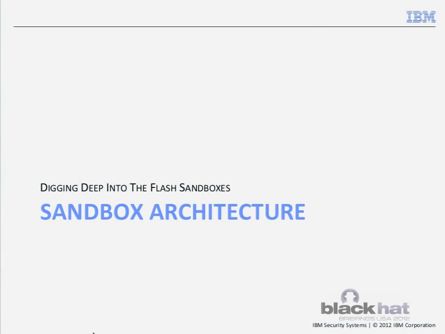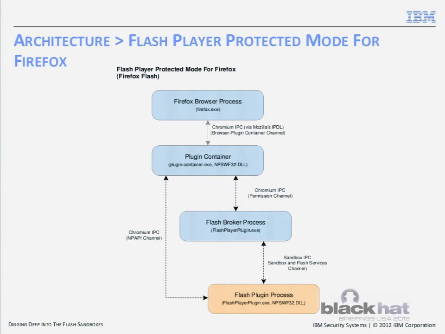So before we go deeper into the sandbox implementation, we will first discuss the sandbox architecture and the various components involved in the sandboxes. For Firefox Flash, we have the Firefox browser process, which is the process that starts when you first open Firefox, and the plugin container, and the Flash broker process, which is an instance of Flash Player plugin, and the sandbox Flash plugin process, which is also an instance of Flash Player plugin, but sandboxed.